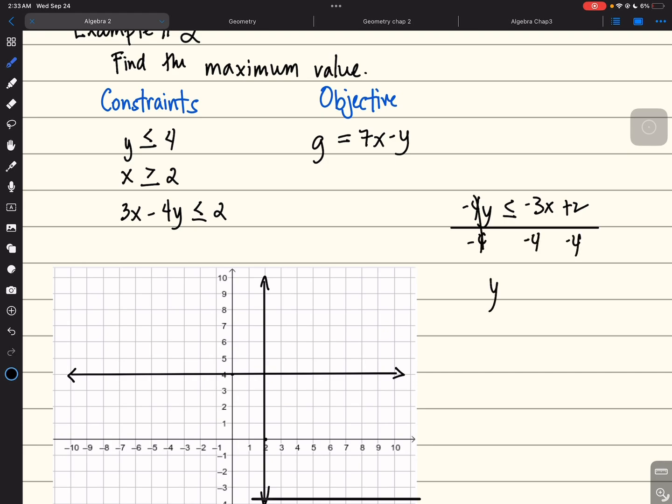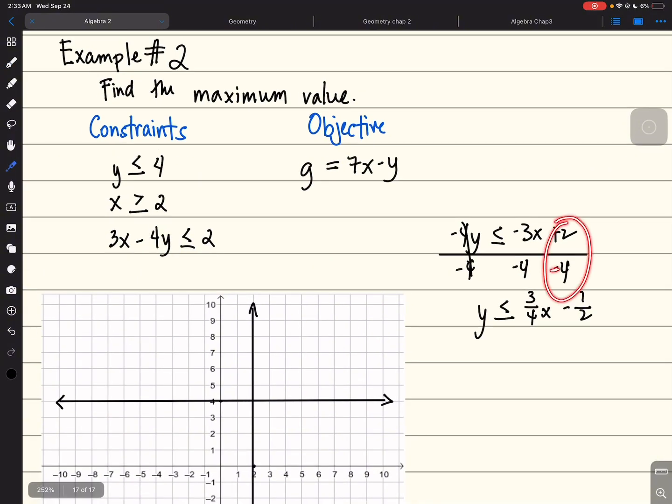This is cancelled. So the y is what? Less than or equal to positive 3 over 4 x minus 1 half. Why 1 half? Because this last part is divisible by 2, and this negative sign becomes negative.